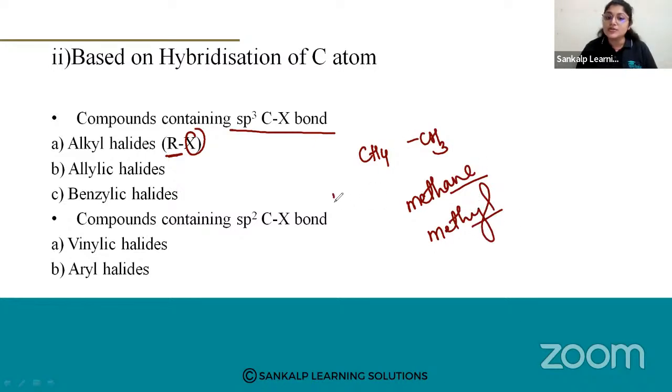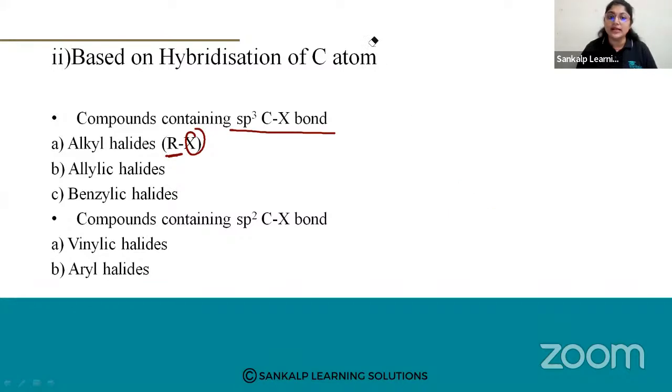Suppose I want ethane, CH3 CH3. If I remove one hydrogen, it will be CH3 CH2, so this is an ethyl group. So these are the alkyl groups. Based upon the number of carbon atoms which are attached, you can take the alkyl group.